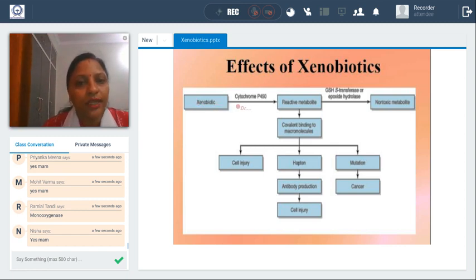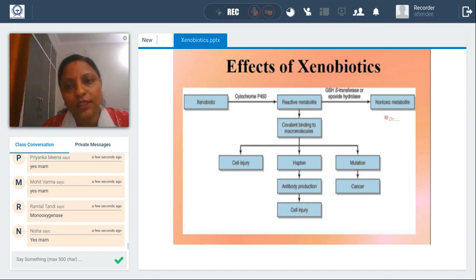In the presence of cytochrome P450, they form reactive metabolites, which by glutathione S-transferase or epoxide hydrolase are converted into non-toxic metabolites. Otherwise, these reactive metabolites bind covalently to macromolecules and can injure the cells, produce antibody production by a hapten, and then ultimately cell injury, and mutation can also occur, and this leads to cancer.